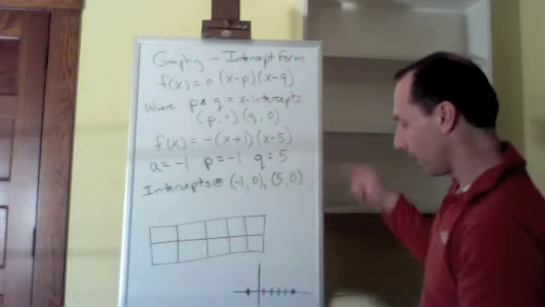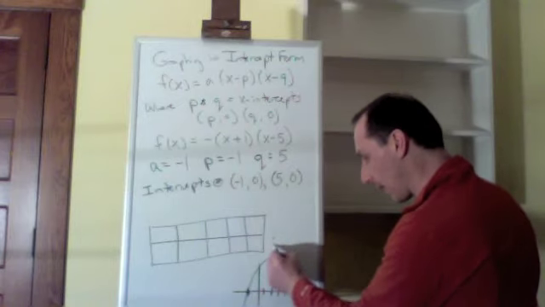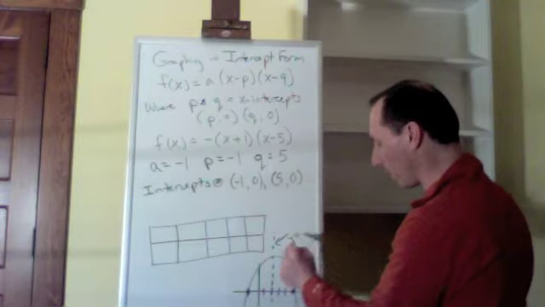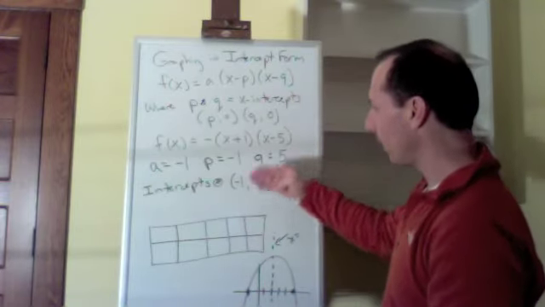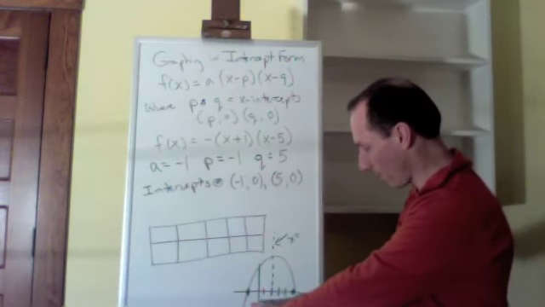I know that this is opening down, so I know that my parabola does something like this, and that my axis of symmetry is right around there. Now, it's at x equals the x value of the vertex. So I'm looking to decide, well, where is my vertex? It's halfway between these 2 points.